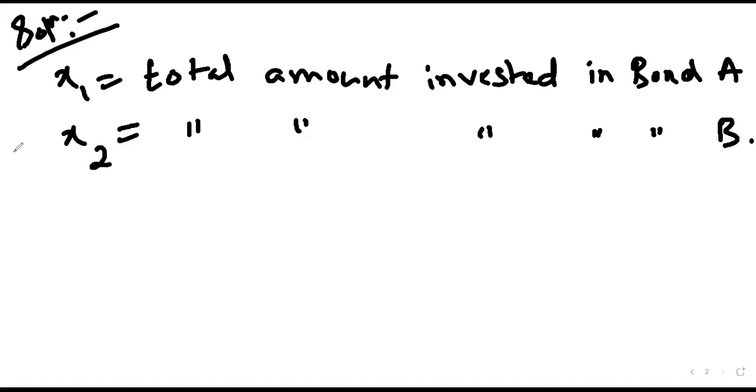First and foremost, always remember that we have to decide what is X1 and X2. We are going to consider X1 as the total amount invested in bond A, and X2 as the total amount invested in bond B.